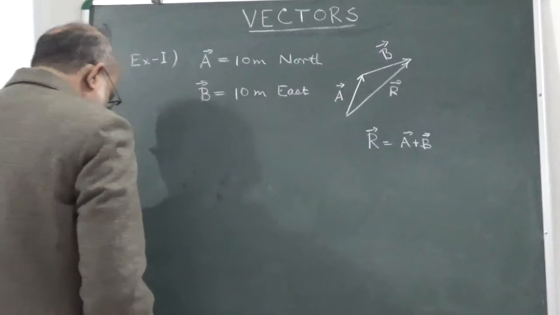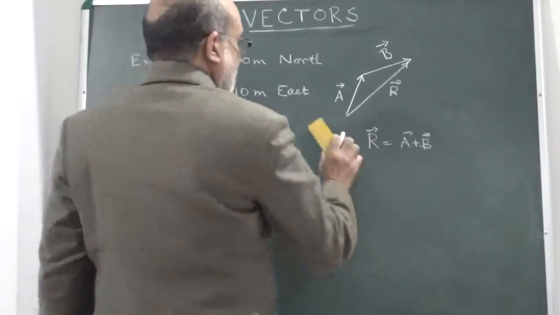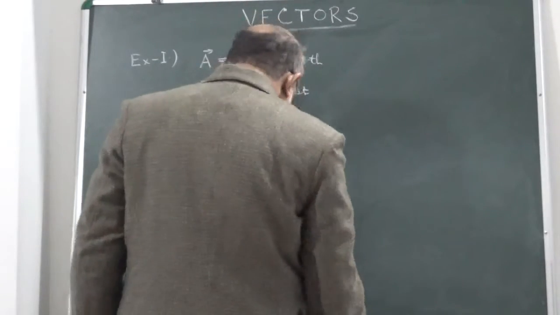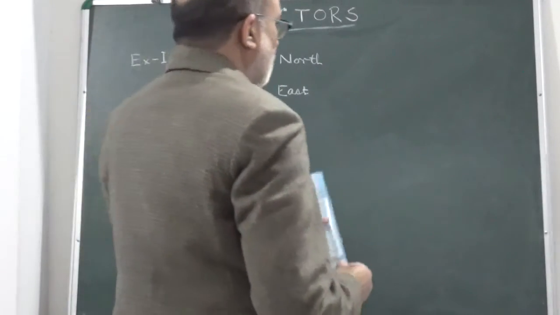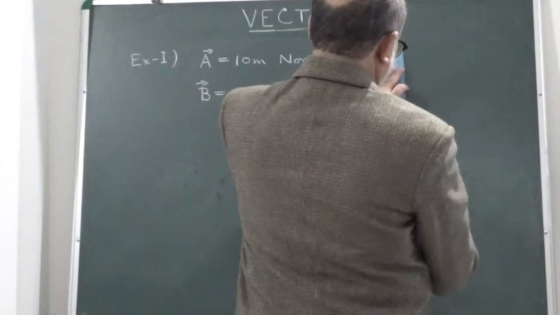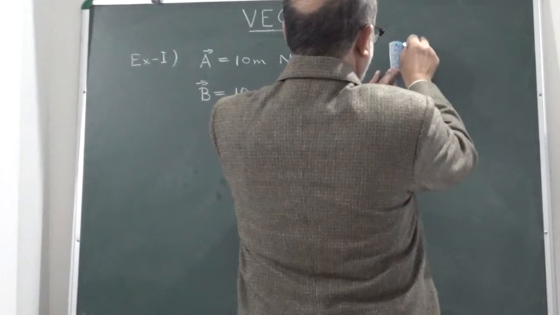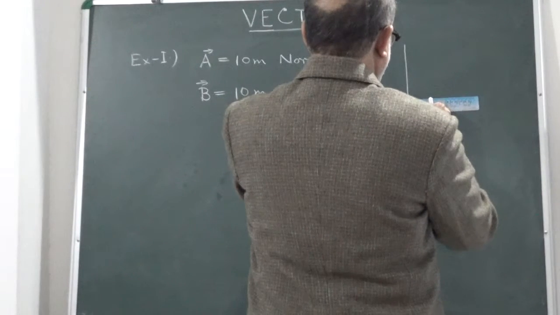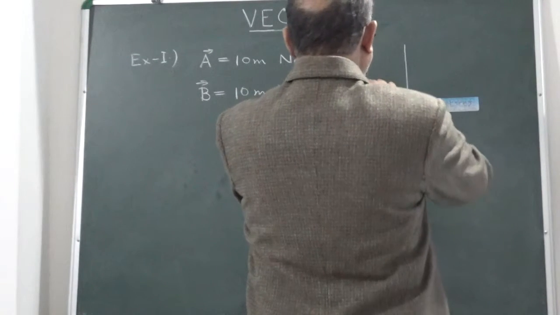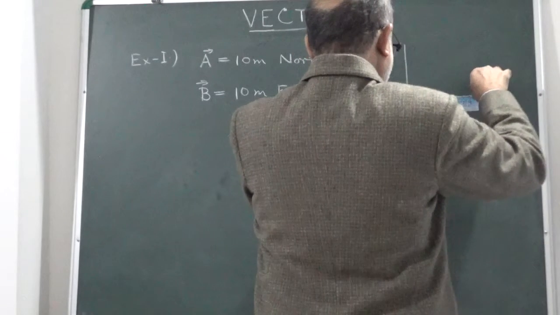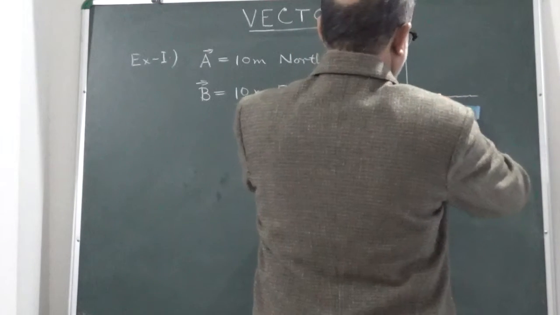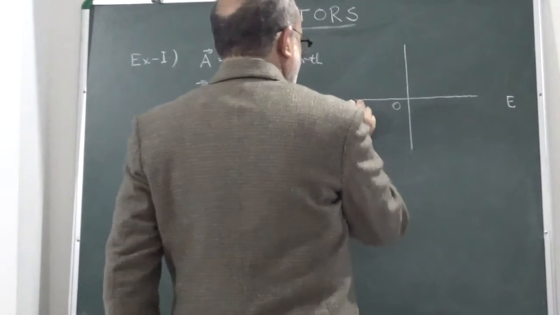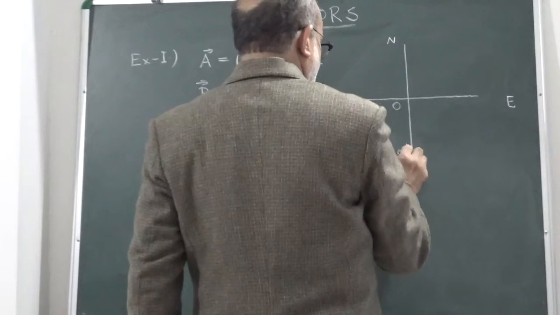To add vectors, first of all we have to take a reference frame. So suppose this is our reference frame, with the north-south and the east-west directions.